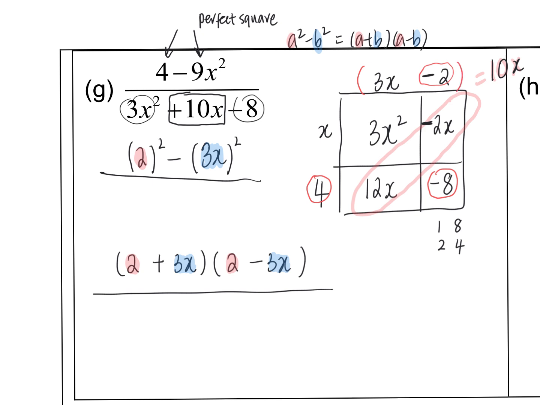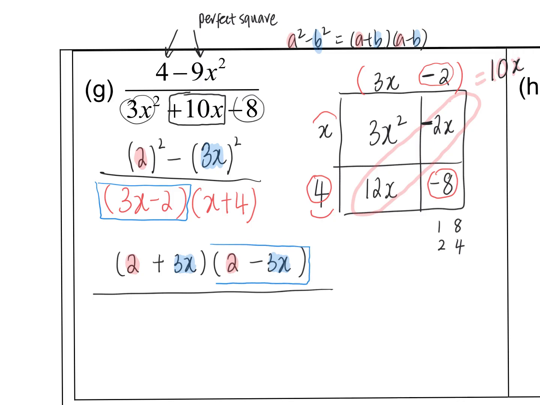The two factors would be 3x minus 2, and the other one is x plus 4. Okay, when you look at it, can you see that they are slightly different? One of them is 3x minus 2, but the one here is 2 minus 3x.